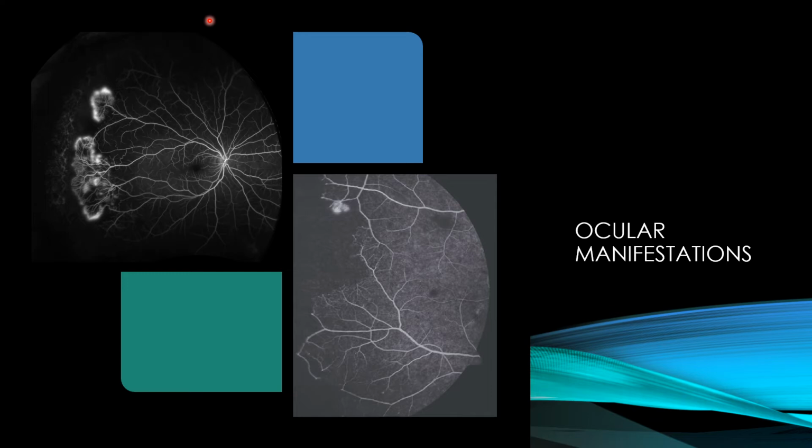Sickle cell disease primarily affects the retina, causing peripheral retinal vascular occlusion, which you're seeing in these images of a fluorescein angiogram. You see what we call vascular dropout in this patient, where they're losing perfusion to their peripheral retina. Typically, in these wide field images, we would see blood flow going all the way out into the periphery.